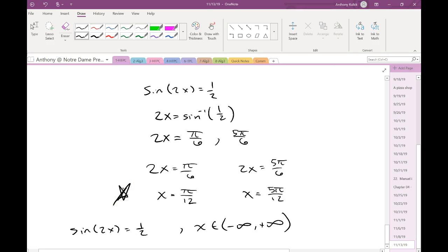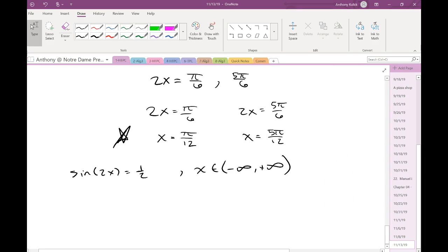We're going to come back to this in a moment. And I'll show you why we're not quite done with part of this. So if we do the same thing, eventually we're going to get that 2x is equal to pi over 6 and 5 pi over 6, right?